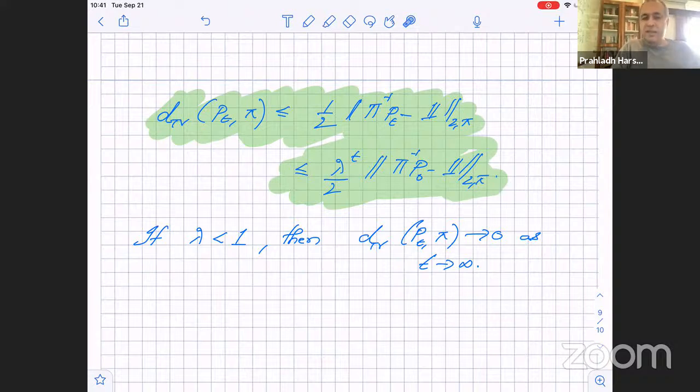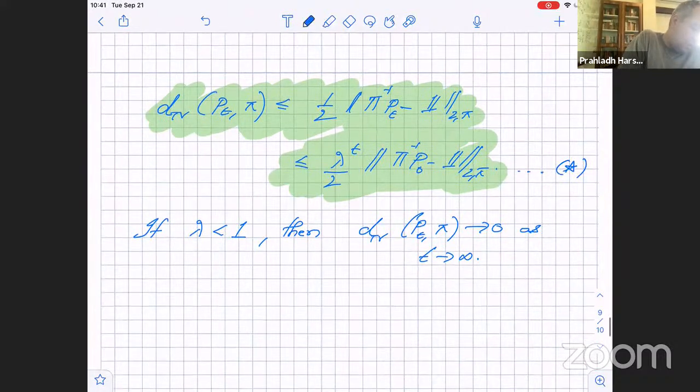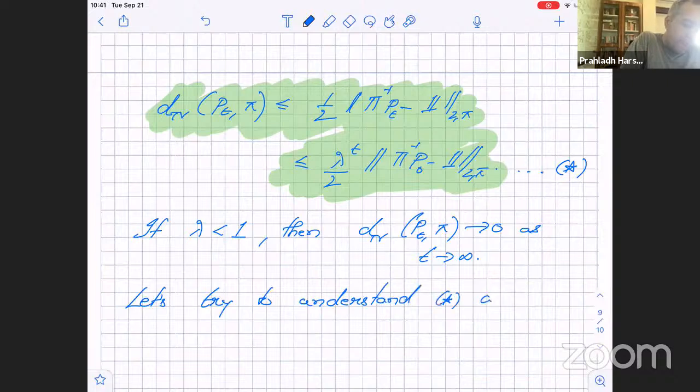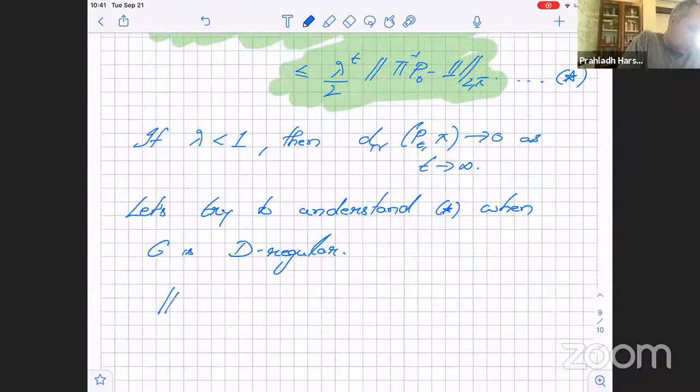So let's analyze this when the graph is d-regular. Let's try to understand what happens. So in the next 5 minutes or so, let's try to understand. So let's look at what is actually pi inverse P0 minus 1 in pi norm.